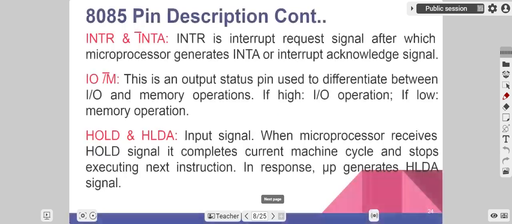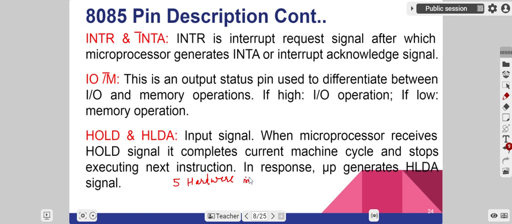All these pins are actually the interrupts. So how many interrupts are there? There are 5 hardware interrupts. What we can conclude from these pins is that there are 5 hardware interrupts available in microprocessor 8085. And what are these hardware interrupts?